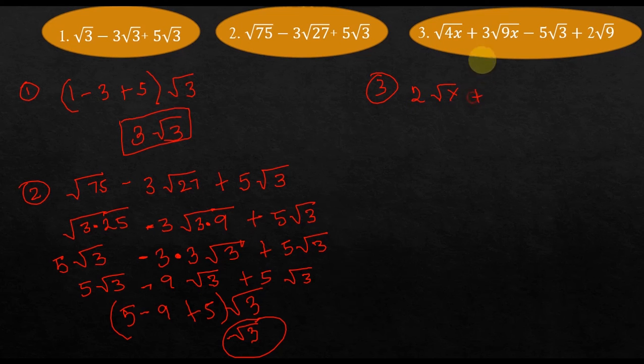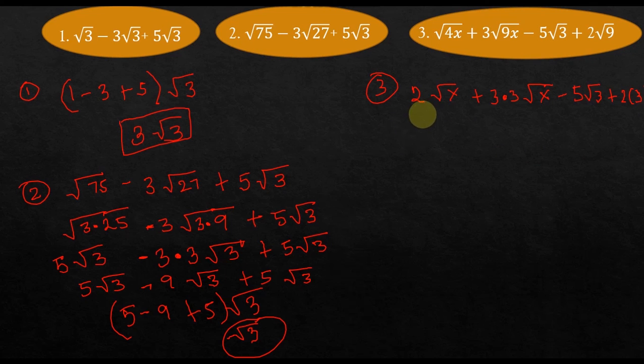Plus 3. And then we have square root of 9x. So square root of 9, that is 3. So times 3. Put 3 outside the radical sign and then retain x inside the radical sign. Minus 5 square root of 3 plus 2 times the square root of 9 is 3.